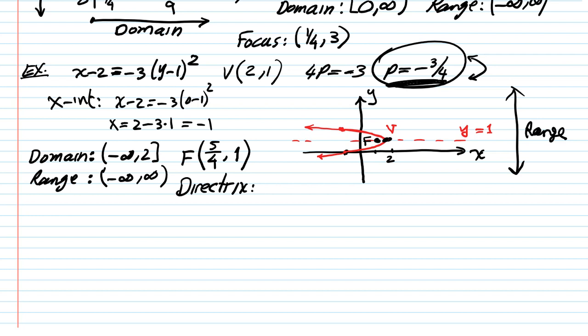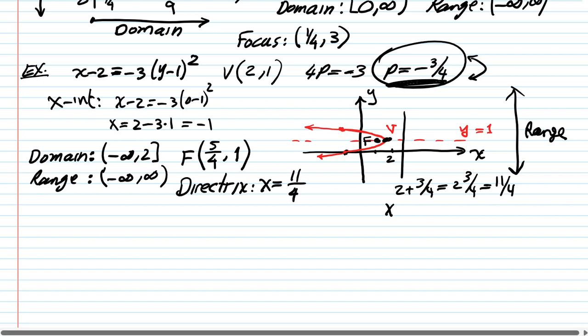So we're going to go 3/4 behind the vertex. That would be the directrix right in here. That's 2 add 3/4 to it. We get 2 3/4, which as an improper fraction is 11/4, right? So the equation of directrix is x equals 11/4. That's what that is, 2 3/4.